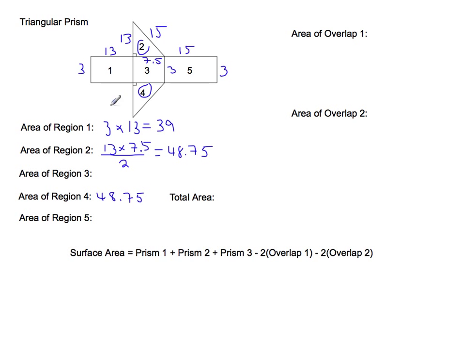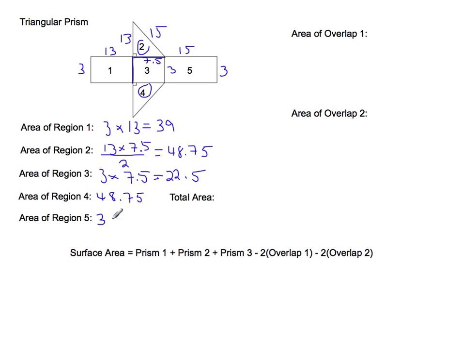The dimensions for region 3 are 3 units by 7.5. So I have 3 times 7.5. I get 22.5. I'm just going to double check. Make sure that that's correct. 3 times 7.5. I got that.